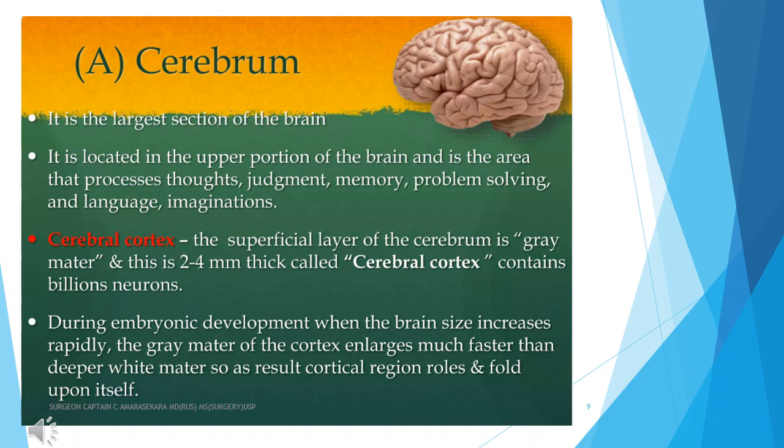As the cortex grows faster than the underlying white matter, it begins to fold upon itself. These folds form the gyri, or ridges, and sulci, or grooves, dramatically increasing surface area without expanding cranial volume. This folding isn't random. It's regionally specialized.